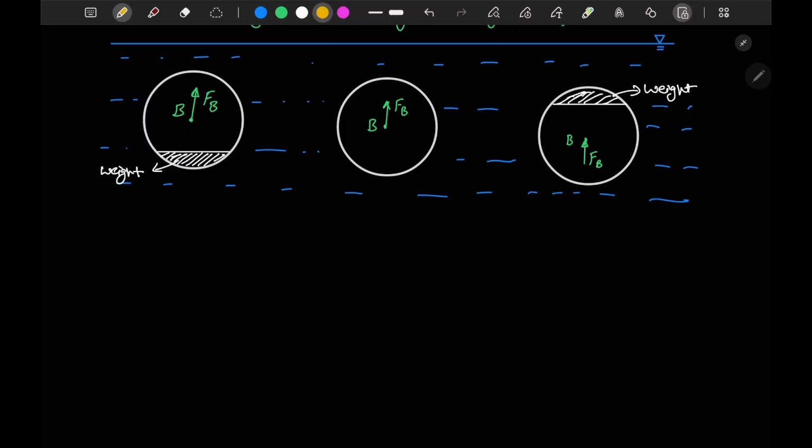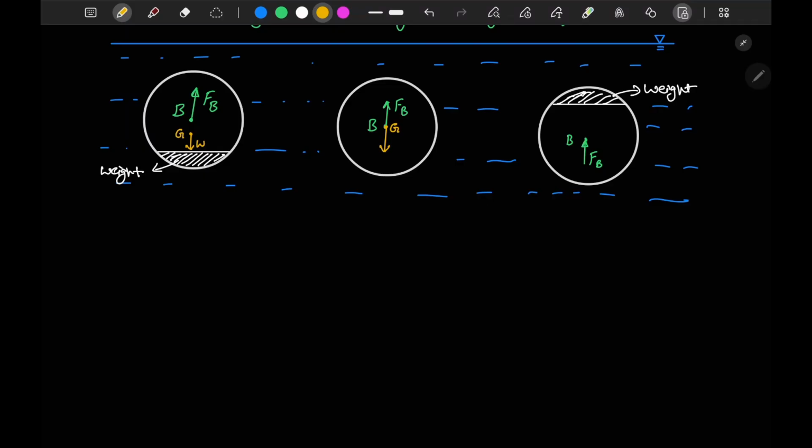Now if I talk about your weight, since there is additional weight here, in the downward direction we will have some extra weight W, and this point is your G. Here G will coincide with B, because the body is homogeneous, so B and G will lie on the same point.